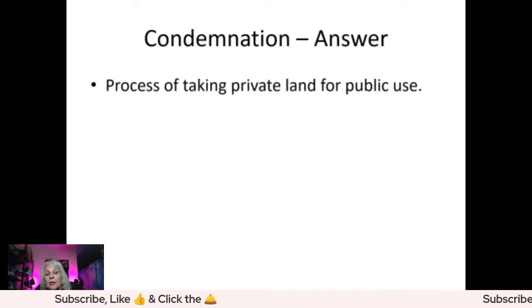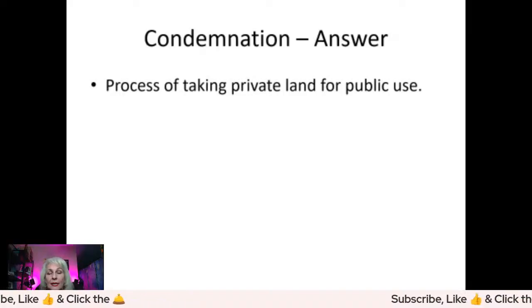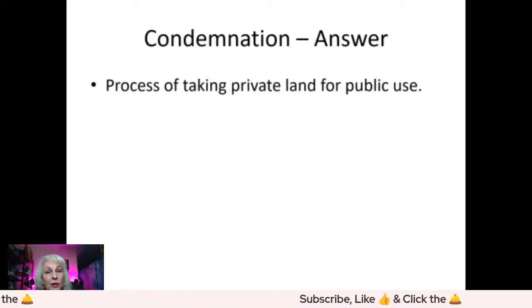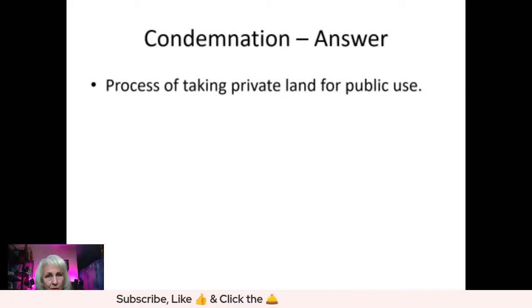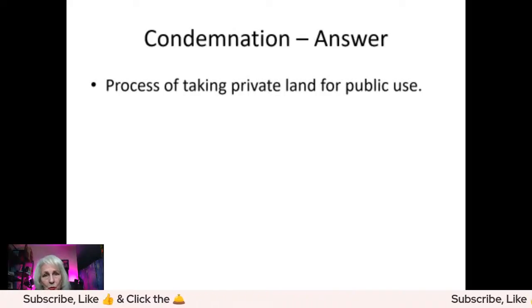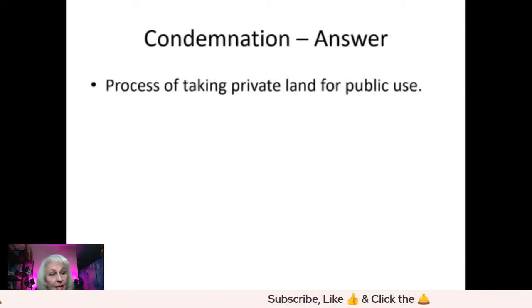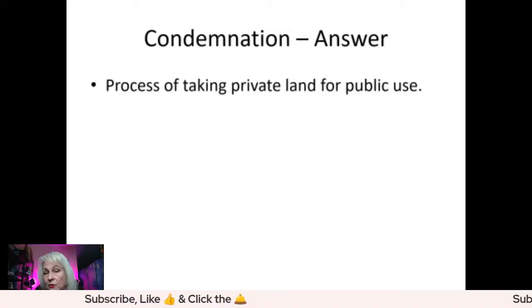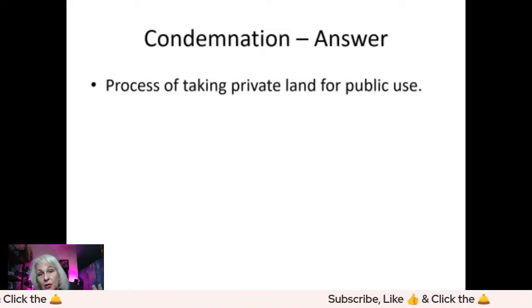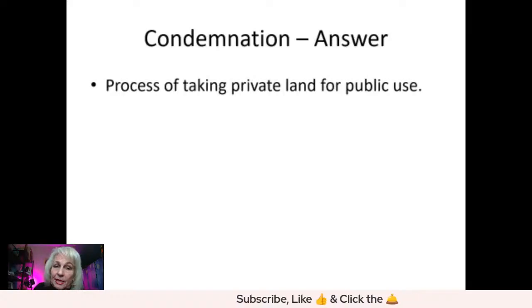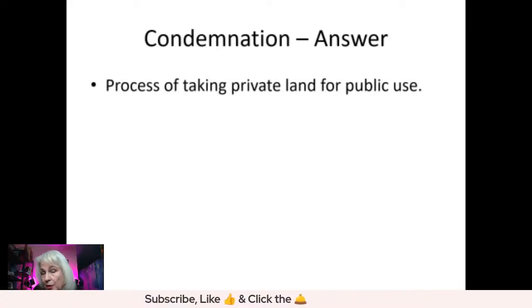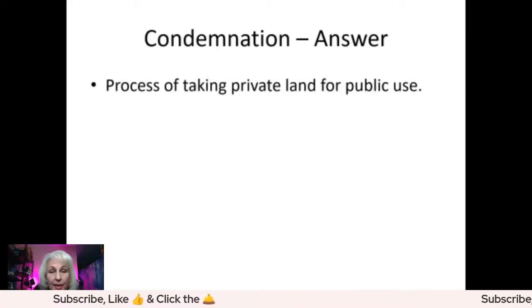However, they need to present a current market value offer to those owners in order to take control of that property. If the owners do not agree, then they can do what is called reverse condemnation or inverse condemnation, where they object to the offer that is being presented to them by the city, the county, or the state for public use.